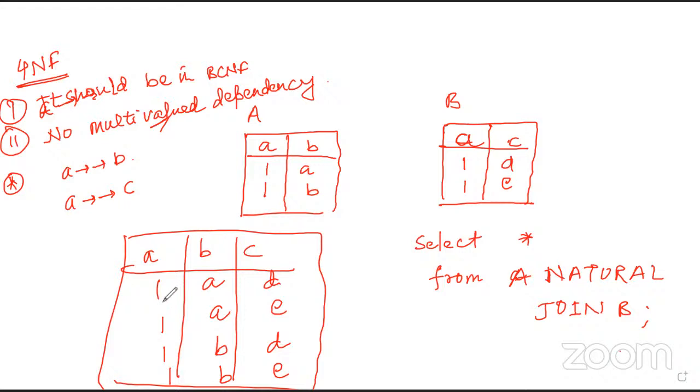Yes, sir, because B and C are not related. Let's take it: suppose this is T1, this is T2, this is T3, and this is T4. Then it satisfies all the conditions, right?